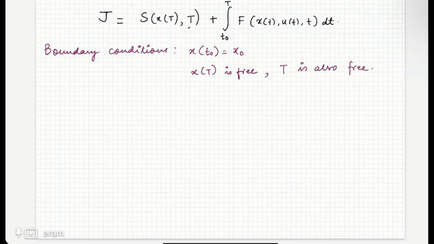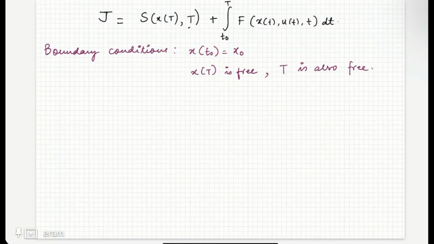If the initial state is given but the final time and final state value are free, then we will see what optimality conditions we need to satisfy in order to find the optimal control.